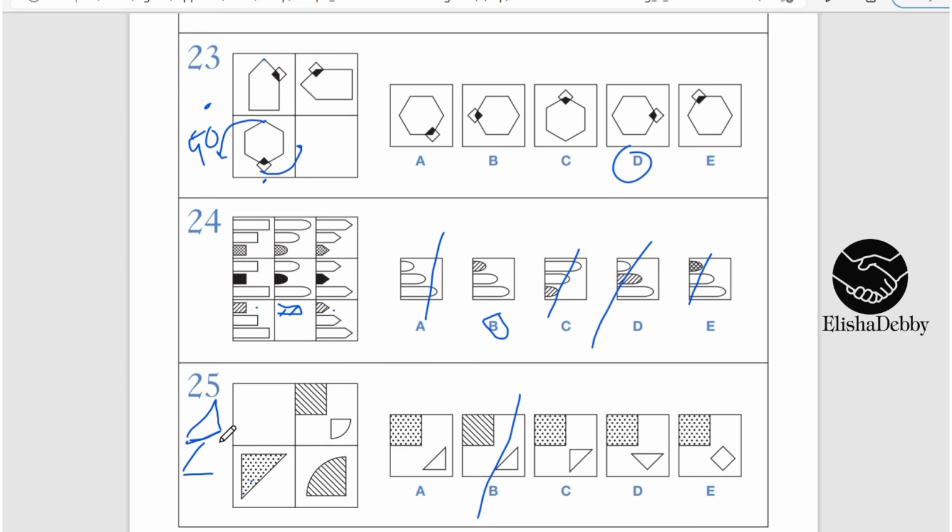That's what I'm expecting. A long one, and so this doesn't look like it, this doesn't look like it. Well, it can't be this because it's not the same. It has to be rotated, so it can't be this. The answer is A.